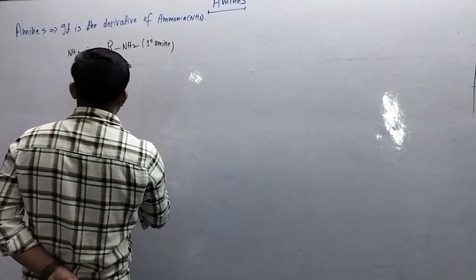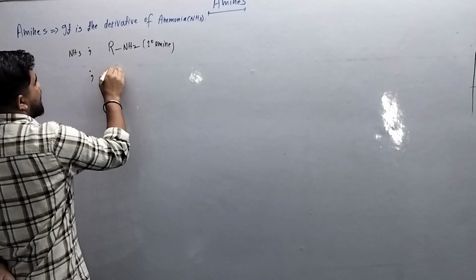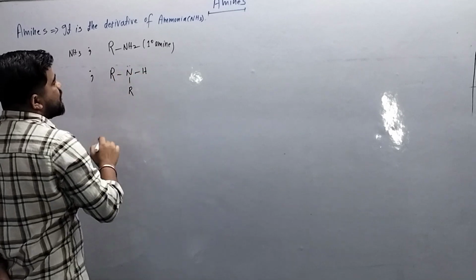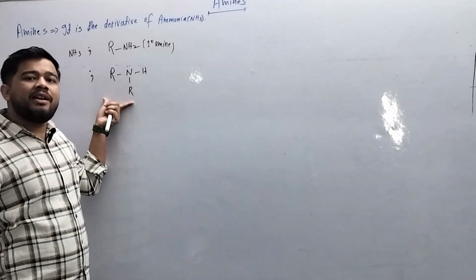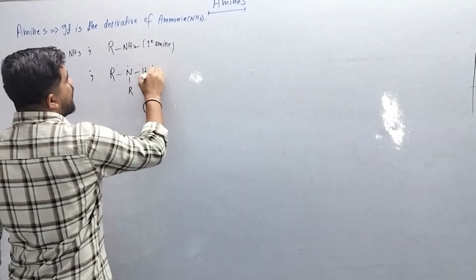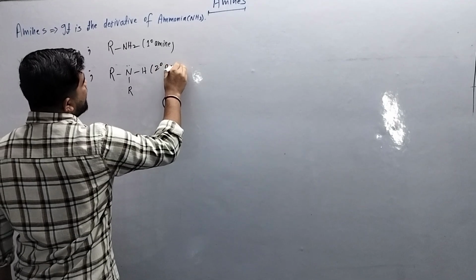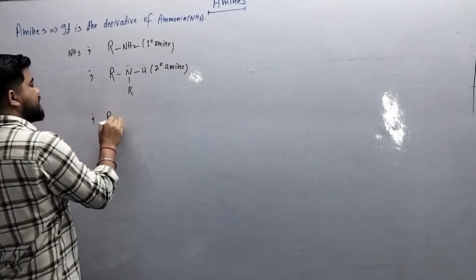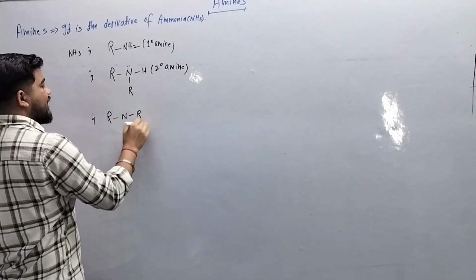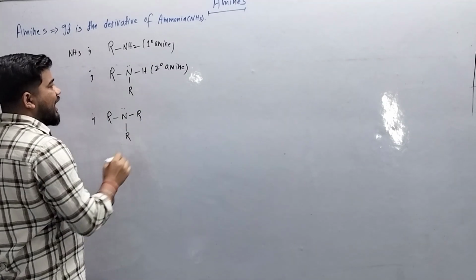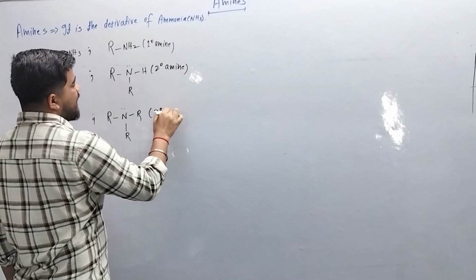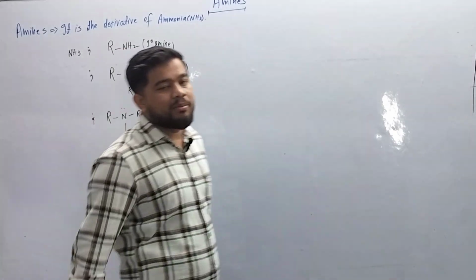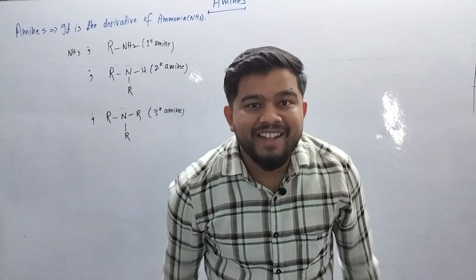If two hydrogen are replaced by two alkyl groups, it will be called 2 degree amine. If all of the hydrogen is replaced by 3 alkyl groups, then it will be called 3 degree amine.